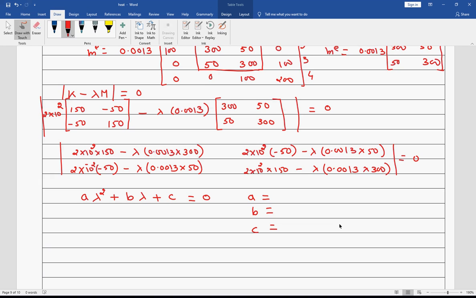So if anyone could confirm these values, please. I just want a confirmation, a second thought, whether these values are correct.